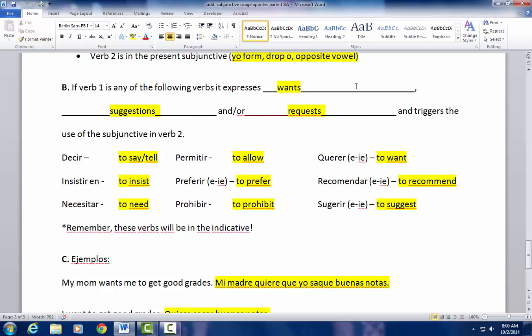Recomendar, to recommend. And sugerir, to suggest. Note, we do have some stem changing verbs here. Preferir goes ie, querer, ie, recomendar, ie, and sugerir, ie as well. So, little asterisk there. Remember, all of these verbs are always going to remain in the indicative, which is the old school regular present tense.